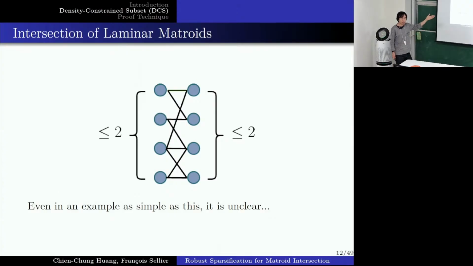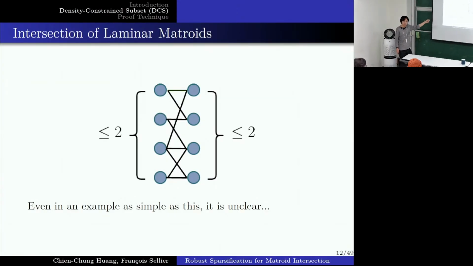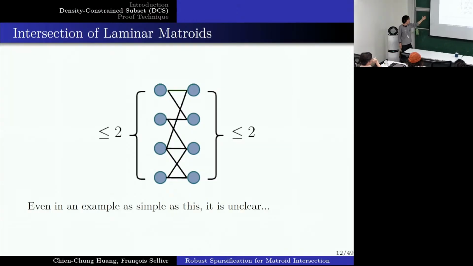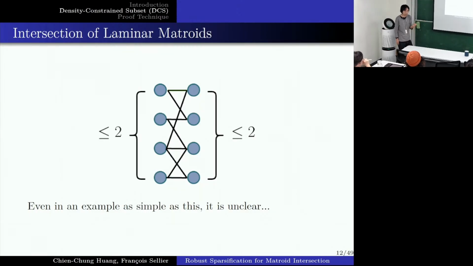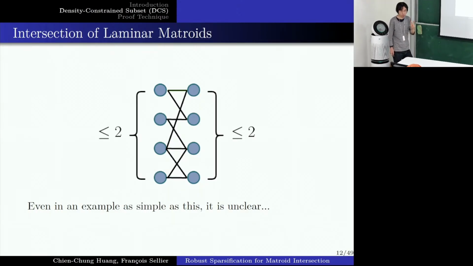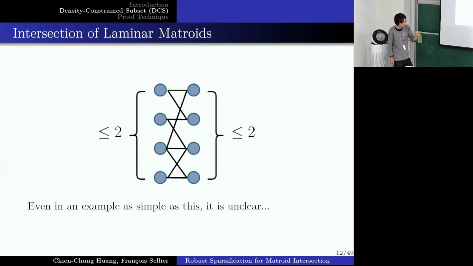So this is still bipartite graph matching, but now with a laminar constraint. This is a very slight generalization, the intersection of 2 laminar matroids, but even such a tiny generalization was unknown before our paper came out.